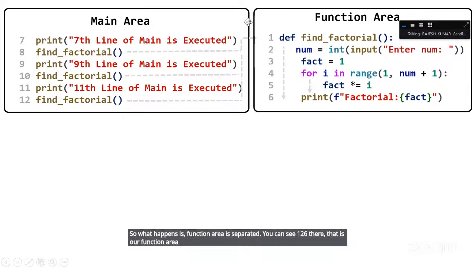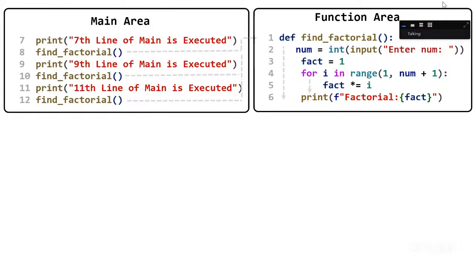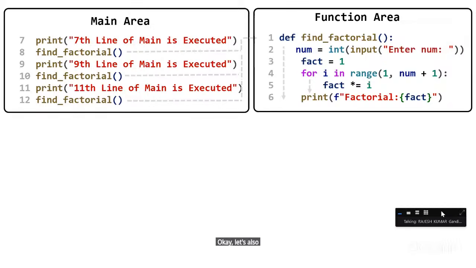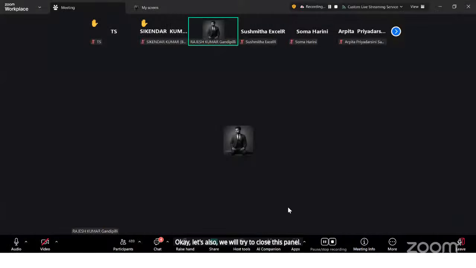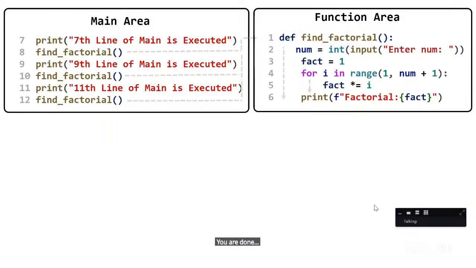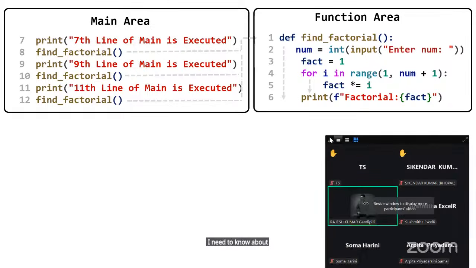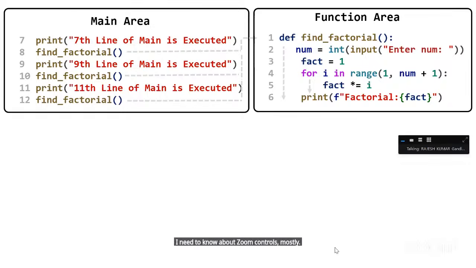I'll keep it down maybe. This is coming in my way. Let's also try to close this panel. Yeah, done. It's still not removed. I need to know about zoom controls mostly. Done anyway, just leave it.